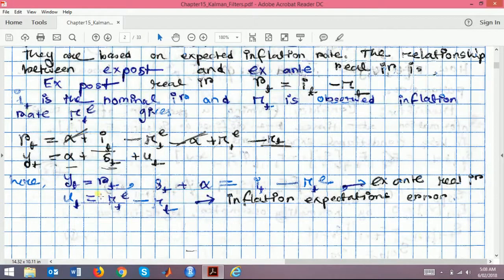So in place of y equals r_t, we have S_t plus alpha equals I minus r_t, the ex ante real interest rate. We are not thinking in terms of lambda; we are not bringing the lambda here. What we have is first ex ante minus ex post. So the signs inside change, that's all.